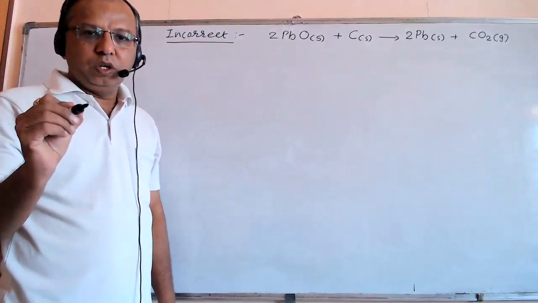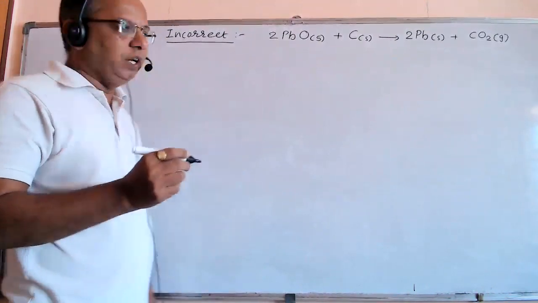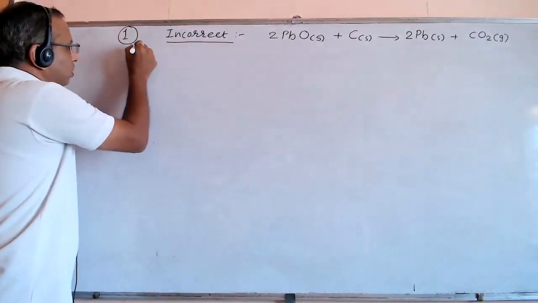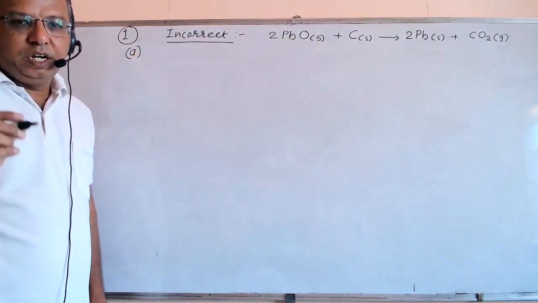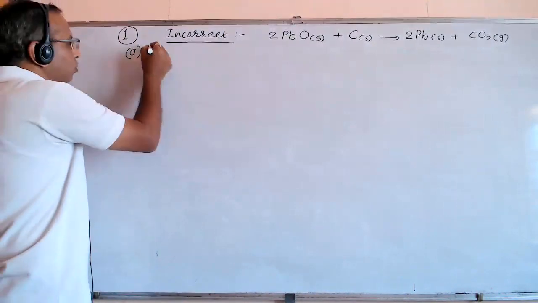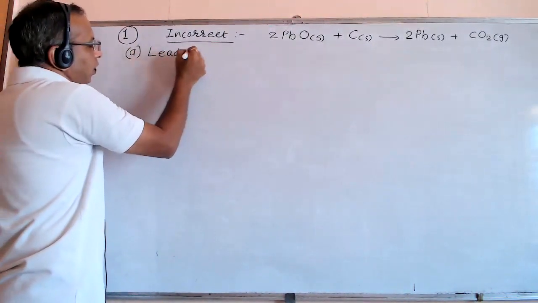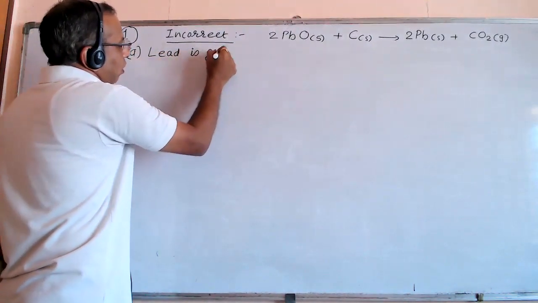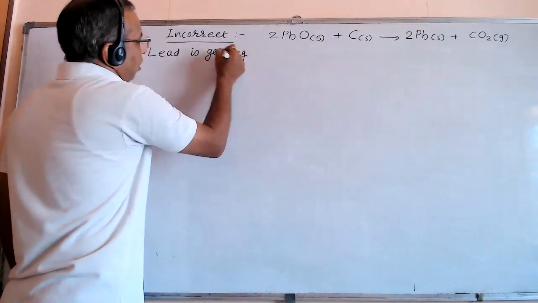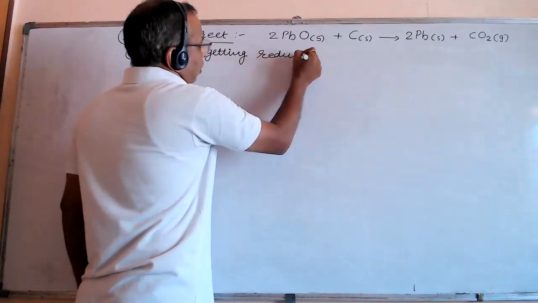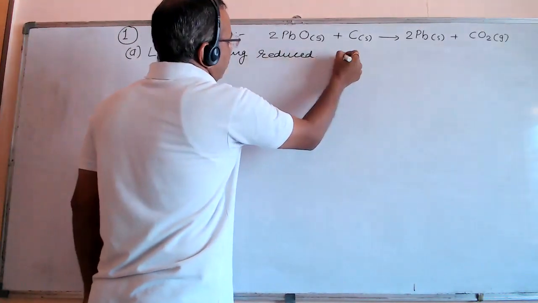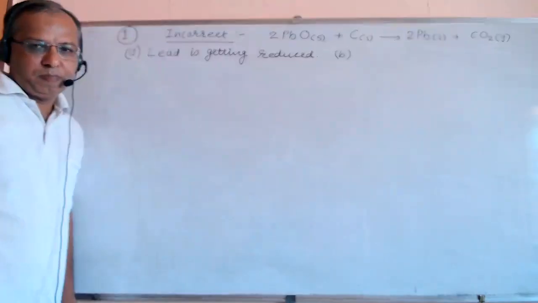Now the options or statements are given. Let's check what the statements are. First statement, A, is lead is getting reduced. This is the first option given to you.